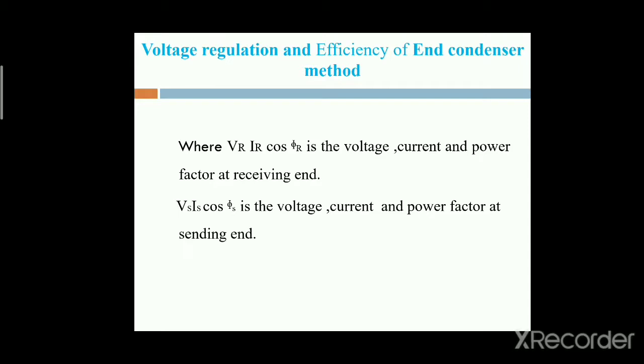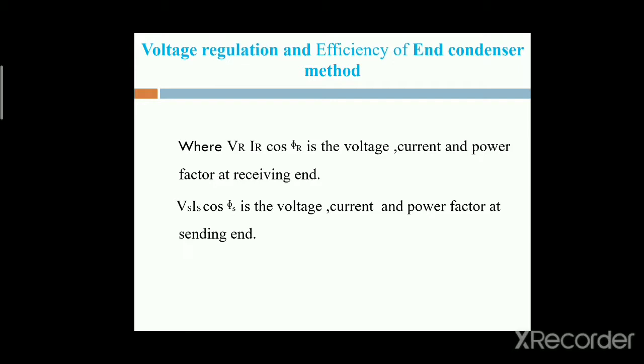What is the formula for efficiency? The efficiency is the power delivered to the load divided by the power supplied. We already know the power formula, that is VI cos phi.